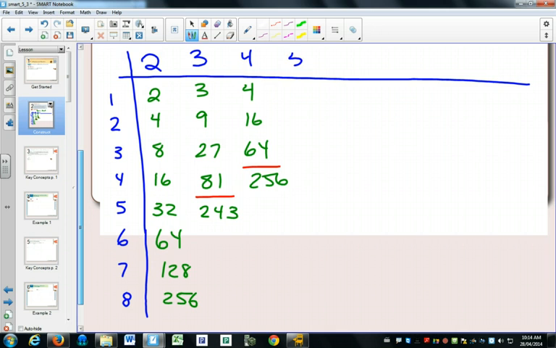Same thing with 5. 5 squared is 25. 5 cubed is 125. 5 to the 4 is 625, but that would be as much as you'd be expected to know without your calculator. And now once you get to 6, we have 6 and 36.